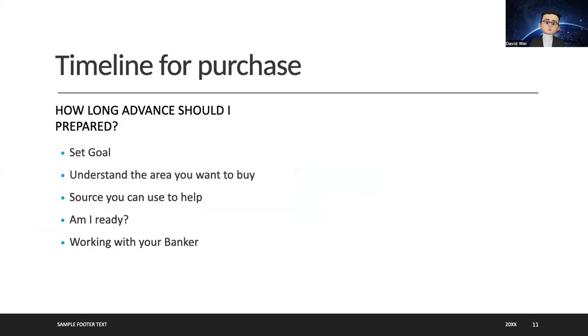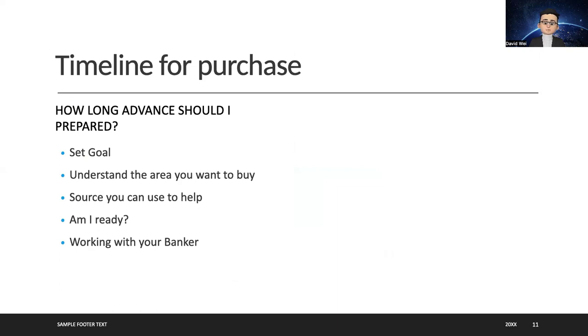Time for purchase. How long should you advance and prepare? Really up to you. 6 months, a year, 2 years, 3 months, 4 months, as long as you have your money ready. So you want to first set a goal for when you want to buy the house. Set a time frame for when you can get the money ready, when you can build up your credit, and when you pay down your other loans to keep your DTI down.